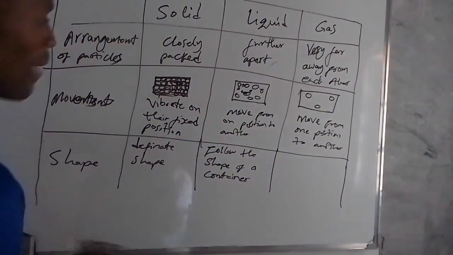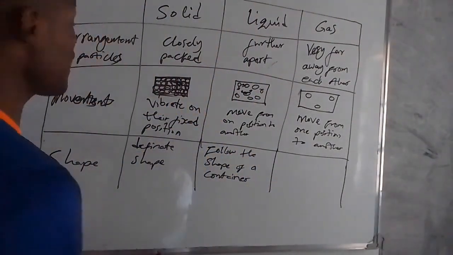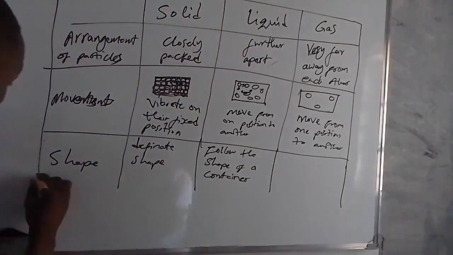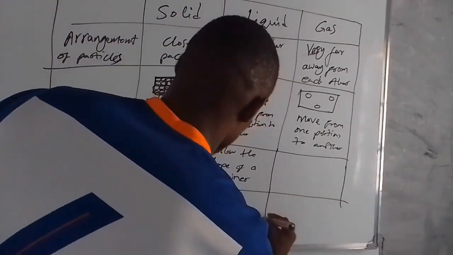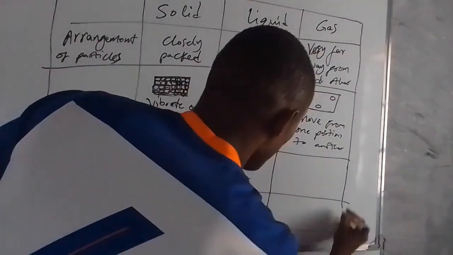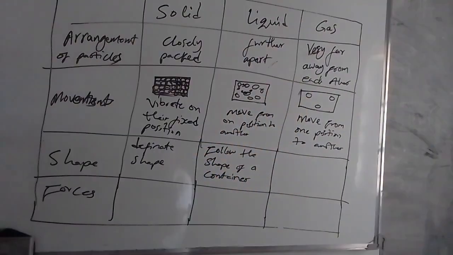Then, apart from that, we also have another characteristic. And what characteristic is that? How are the forces? The forces which are between the particles of the same substance are called the cohesion force.